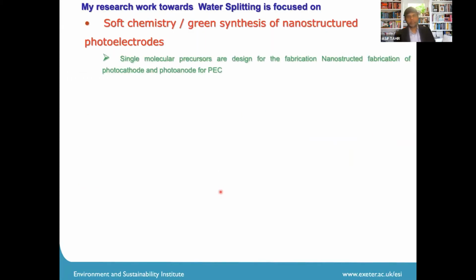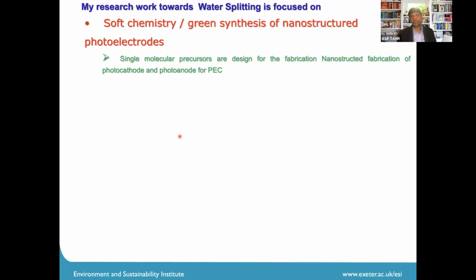So in my research group, we are looking at the discovery of stable materials. First of all, we use soft chemistry or green synthesis for the fabrication of a photoelectrode directly, and that can be through the single molecule precursor or using a range of low temperature deposition techniques.